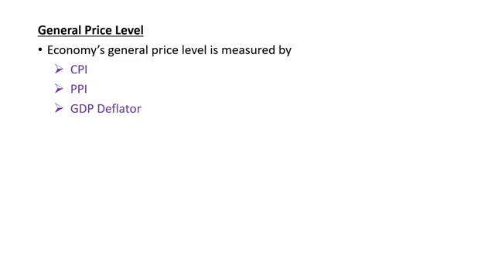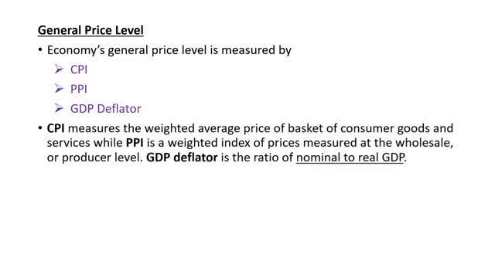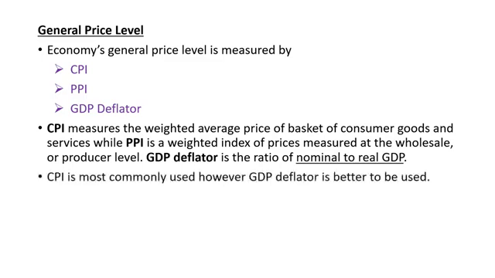Consumer Price Index or CPI measures the weighted average price of a basket of consumer goods and services, whereas Producer Price Index is a weighted index of prices measured at wholesale or producer level. The GDP deflator is the ratio of nominal to real GDP. Consumer Price Index or CPI is most commonly used. However, GDP deflator is better to be used.